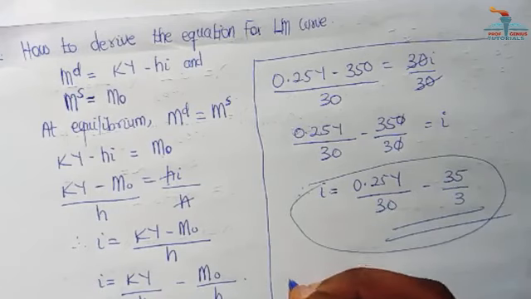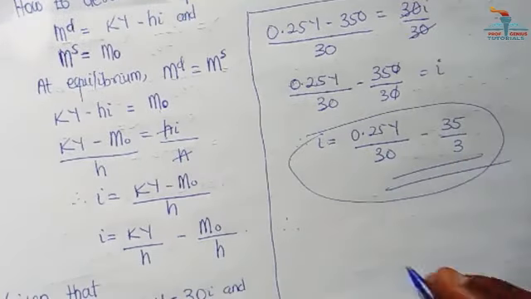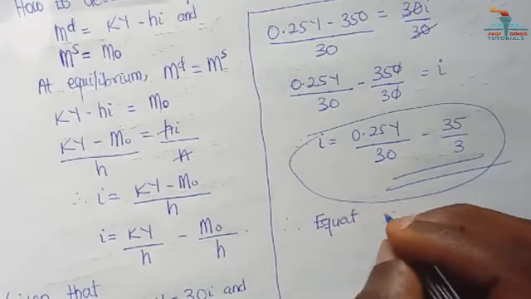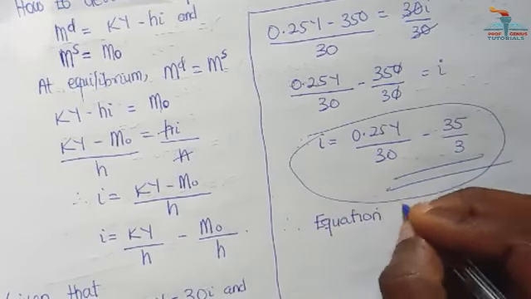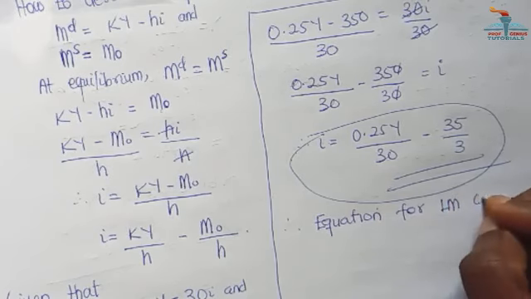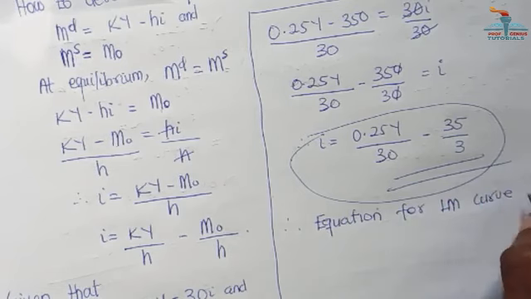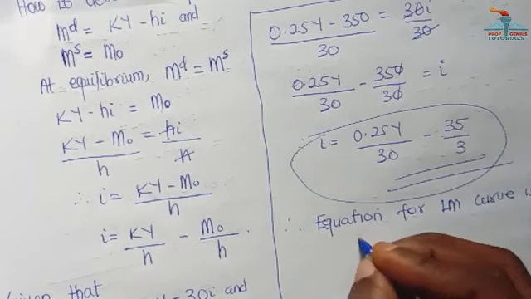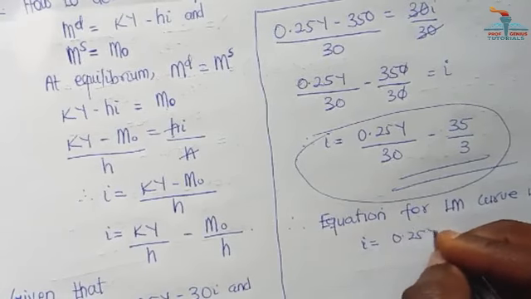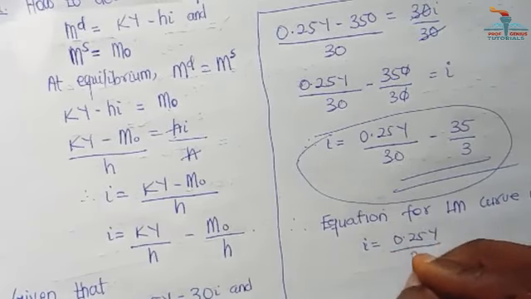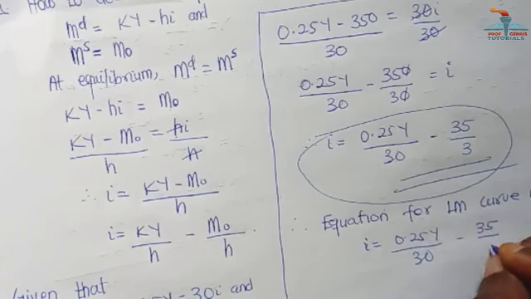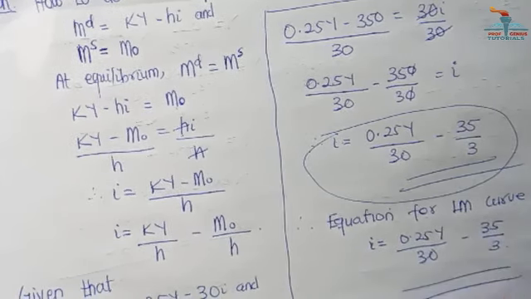So therefore, the equation for the LM curve is I equal to 0.25y over 30 minus 35 over 3.